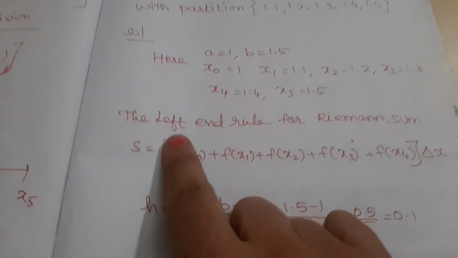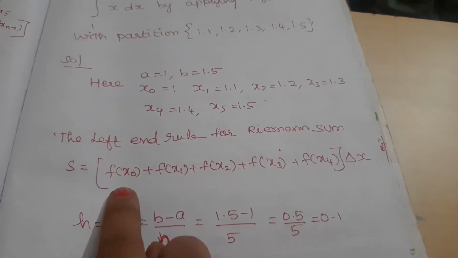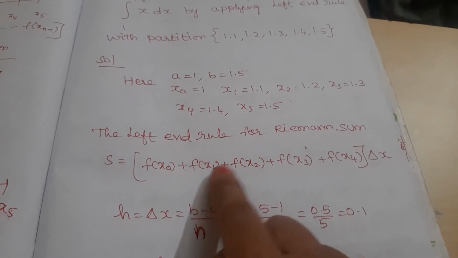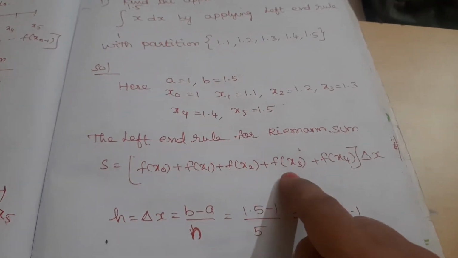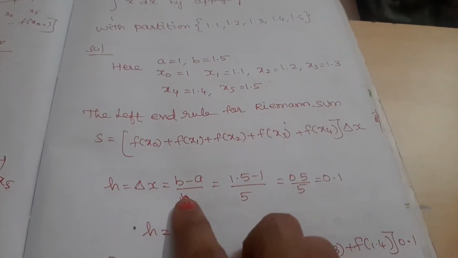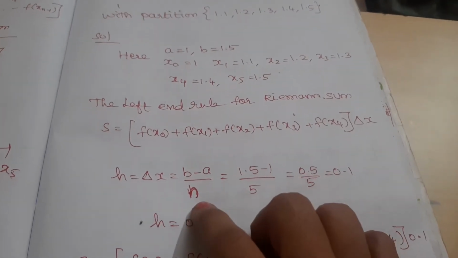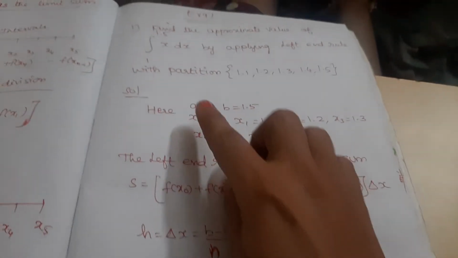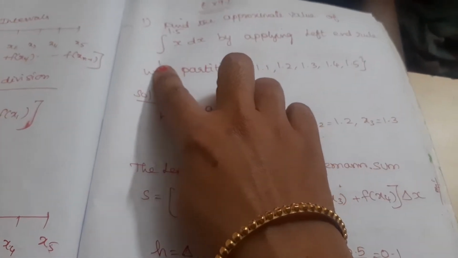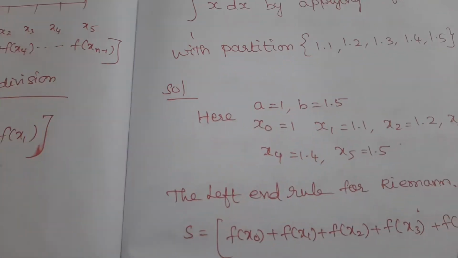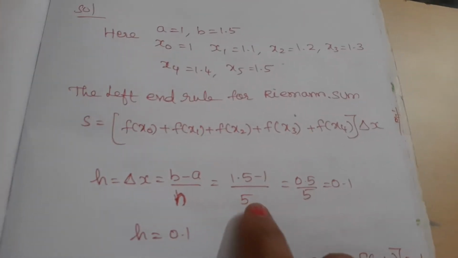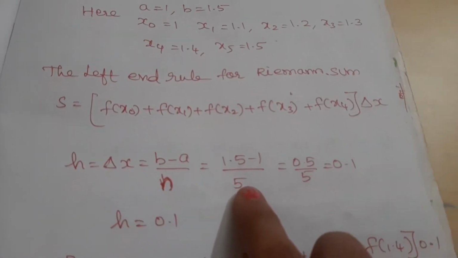Now for the left-hand rule formula we take from x0: f of x0 plus f of x1 plus f of x2 plus f of x3 plus f of x4, into delta x. Here delta x is nothing but (b minus a) by n. b is the upper limit, a is the lower limit, 1, and n is the number of subintervals.